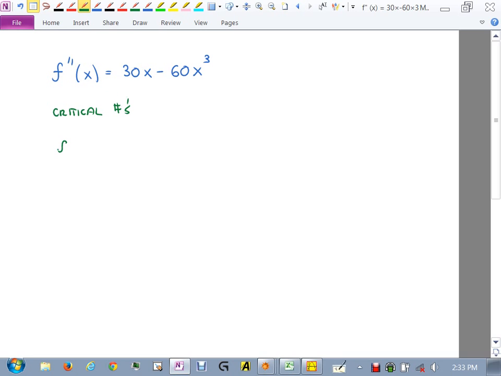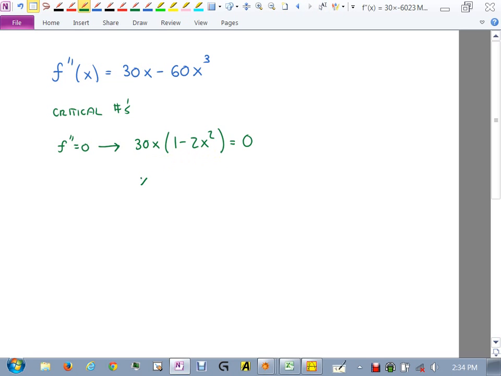That means I want to know when the second derivative is 0. Set that to 0. I think I'll factor out a 30x. Is that what I get when I pull out a 30x from here? And then set these equal to 0?